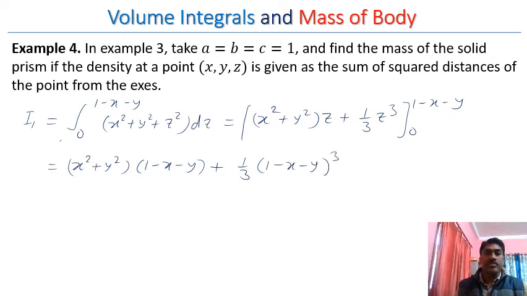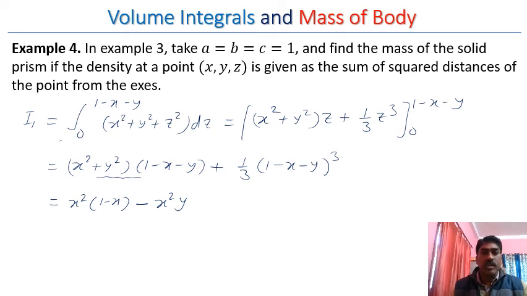And let's simplify it further, because in the next stage we will integrate with respect to y. So take x square times (1 minus x) minus x square y. I am simplifying: the first term has no y, the second term has first power of y.